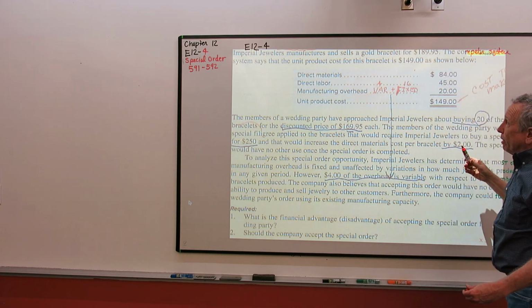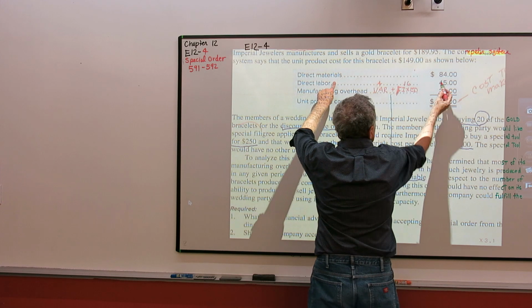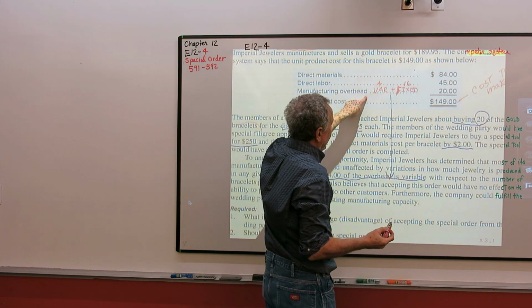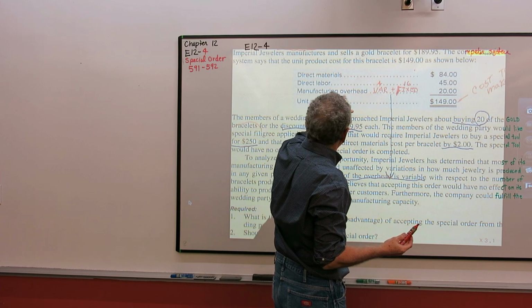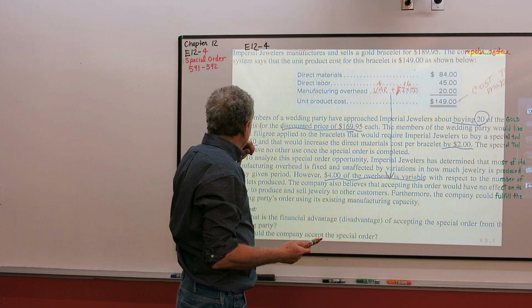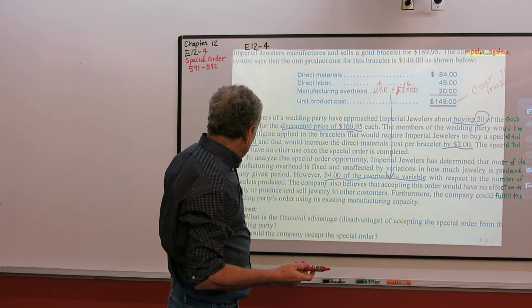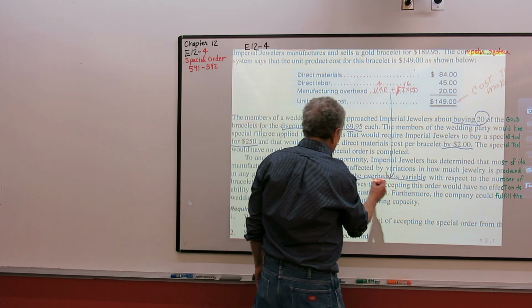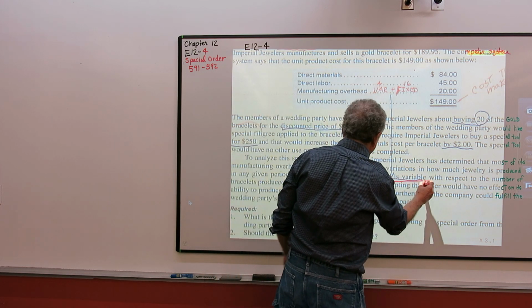To make the bracelet, direct materials take $84. Direct labor is $45, and then it says overhead. Now, this is all overhead, which is variable and fixed, and later in the problem, it tells us that $4 of the overhead is variable.